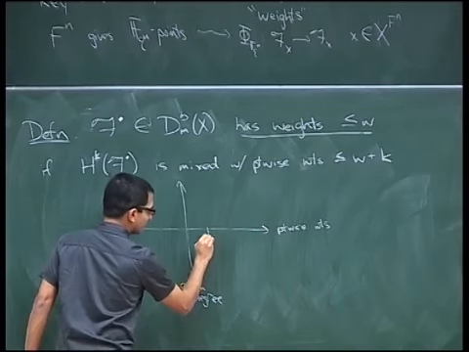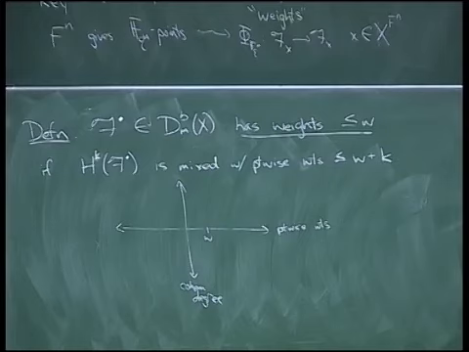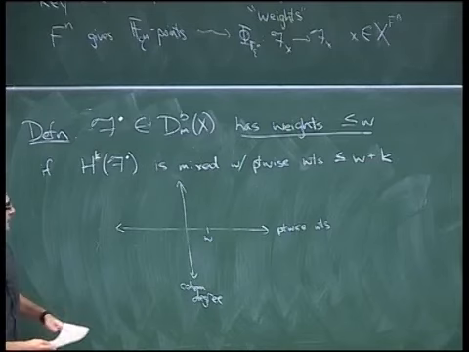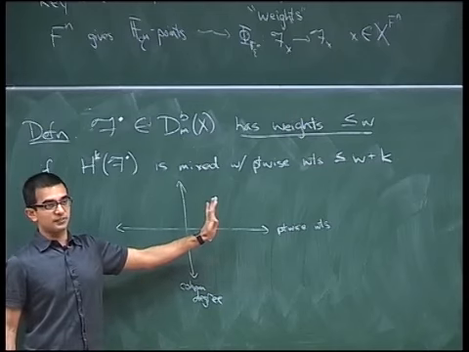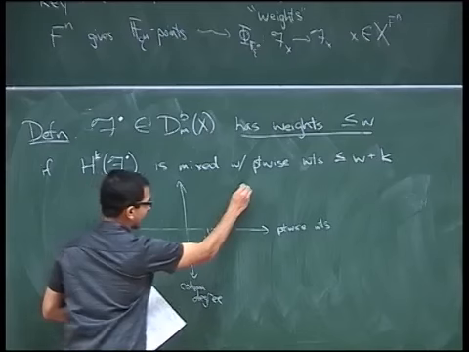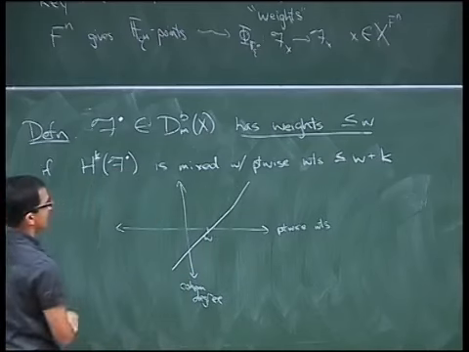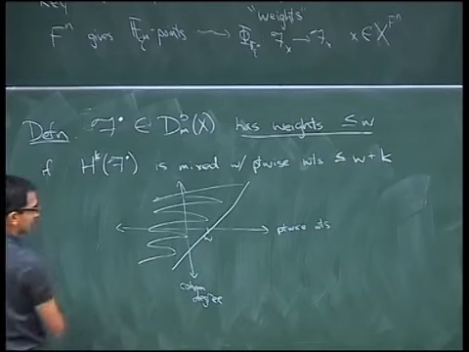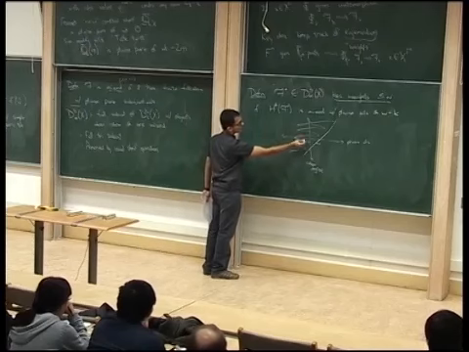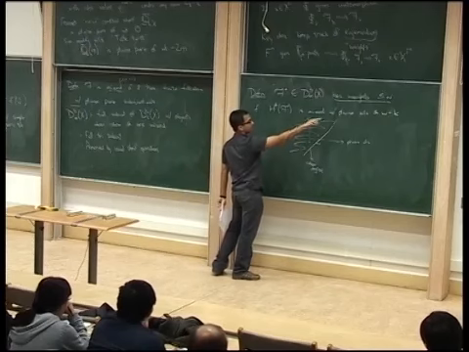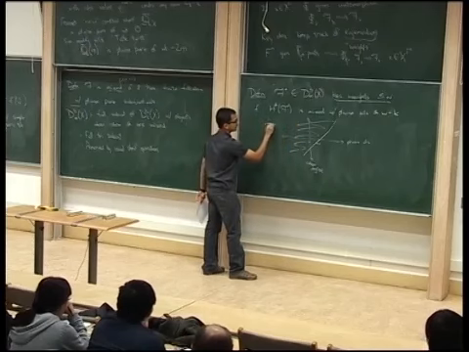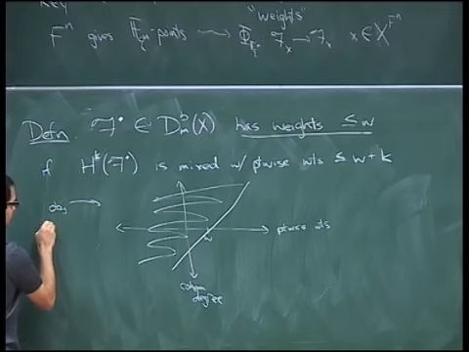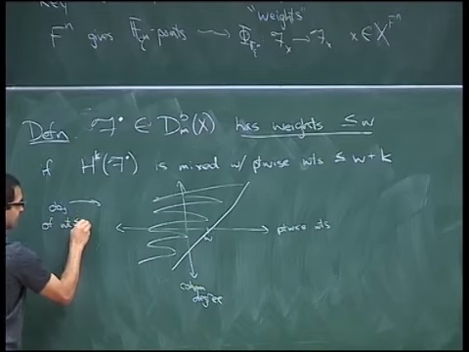If you pick an integer W, then the collection of objects in the derived category which have weights less than or equal to W is not the category to the left of the vertical line here. It's the category to the left of this diagonal line of slope 1. So as you go up in cohomological degree, you're allowed bigger pointwise weights. These are objects of weight less than or equal to W.